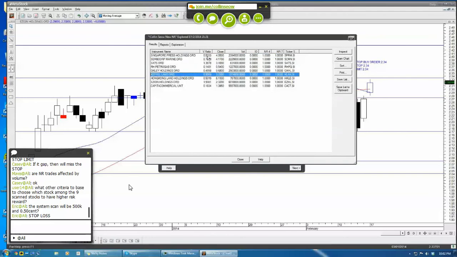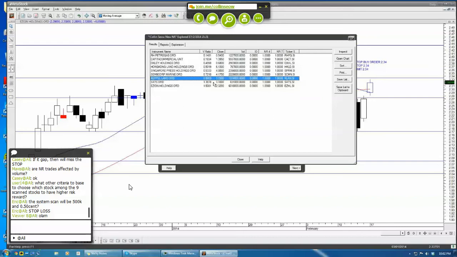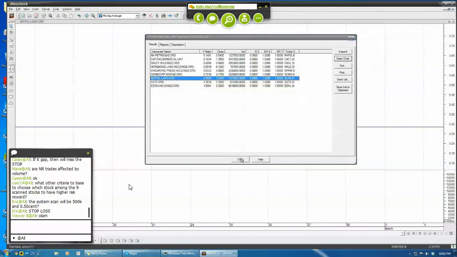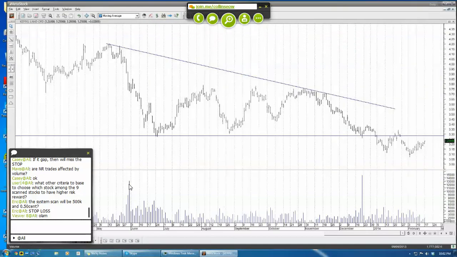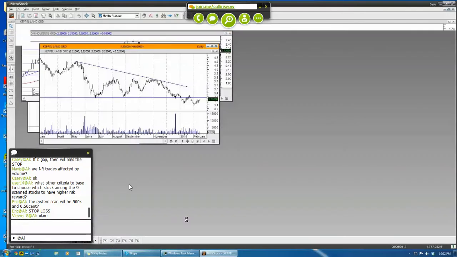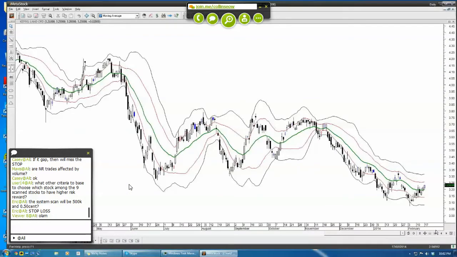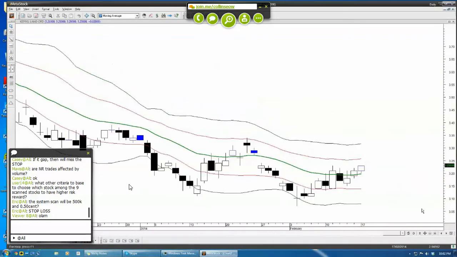Let's look at CapitaLand. Can you see? The market is doing a pause here.